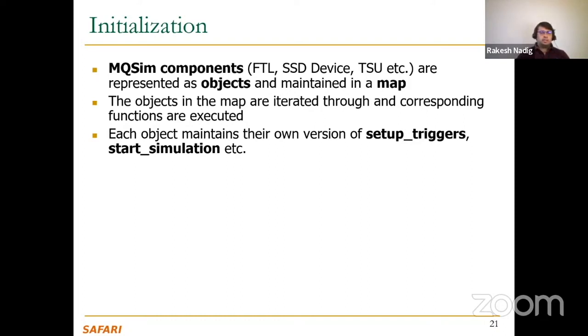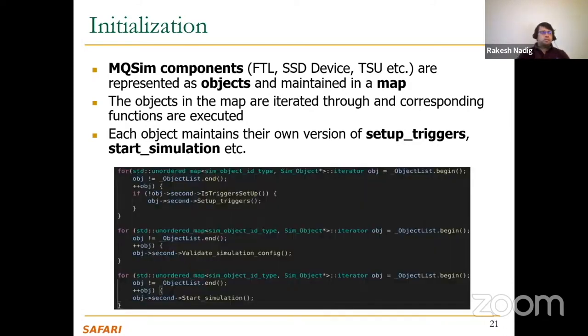We need to actually implement interfaces like setup triggers and start simulation, which are called by the simulation engine. If you look at this figure, you will see that there is a setup triggers function which is getting called.